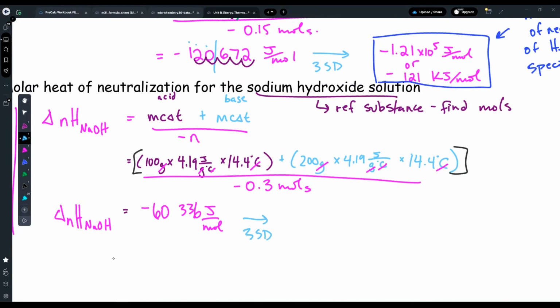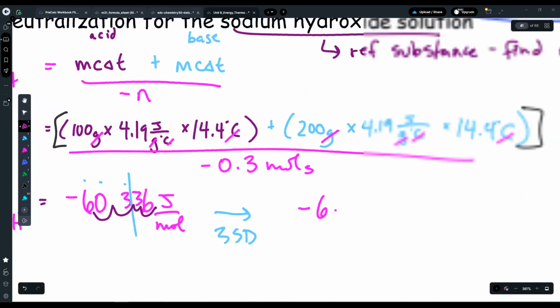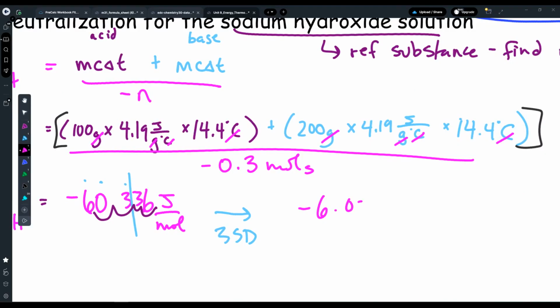So if I count from the far left, 1, 2, 3, there's my cutoff line. So we're going to have to use scientific notation. So it's going to be negative 6 point, and actually I should draw this out. So I'm moving the decimal over 1, 2, 3, 4 spots to the left. So negative 6.03 times 10 to the power of 4 joules per mole.